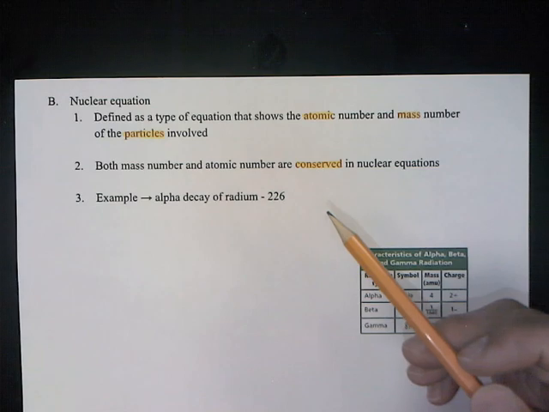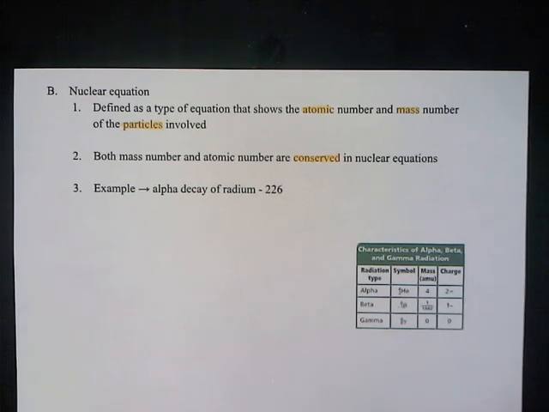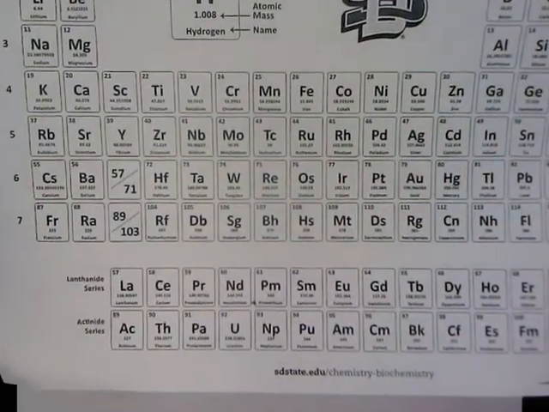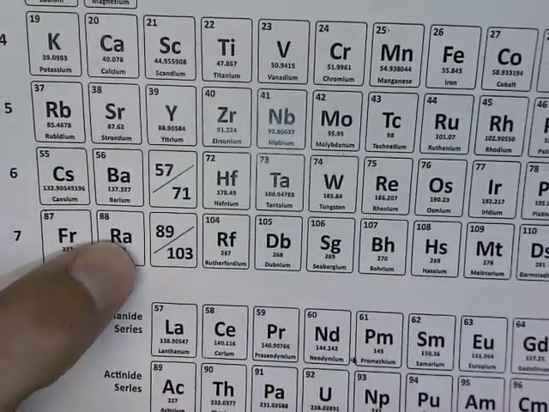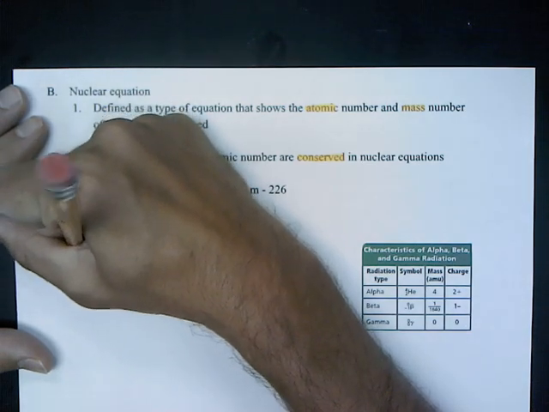So the first thing that we are going to do is find the symbol for radium. You find your periodic table and we look real closely. Radium has the symbol Ra. Now I'm going to write the symbol Ra.